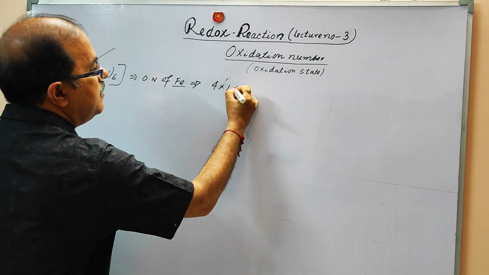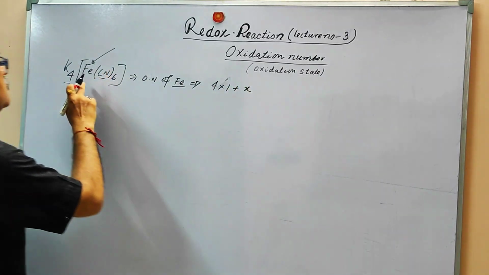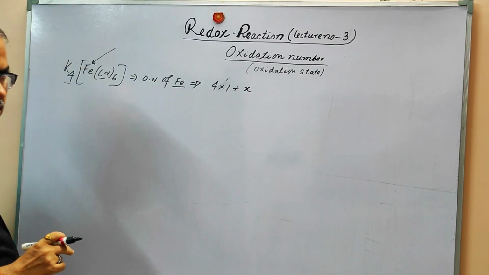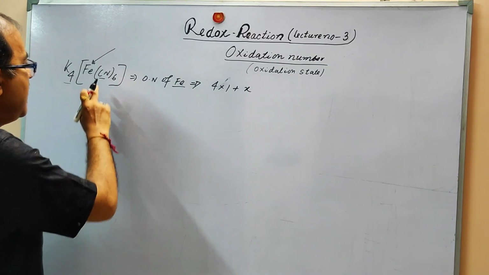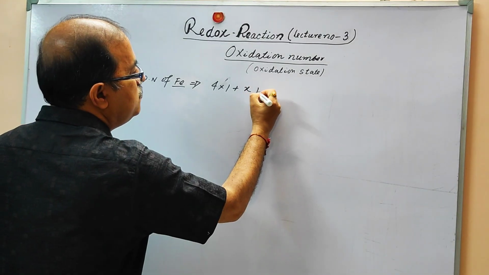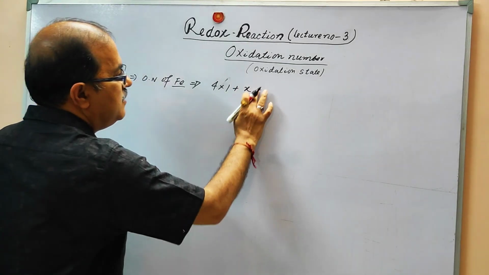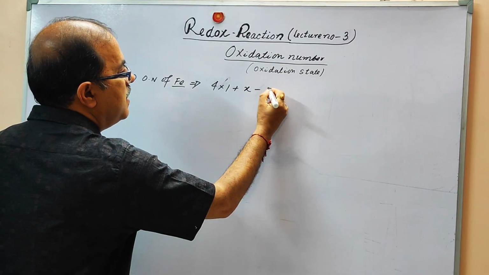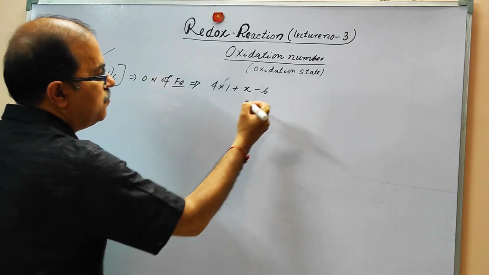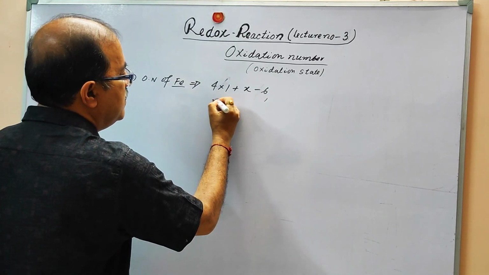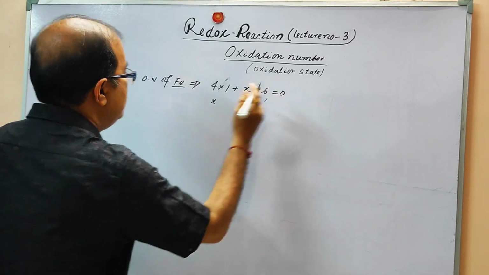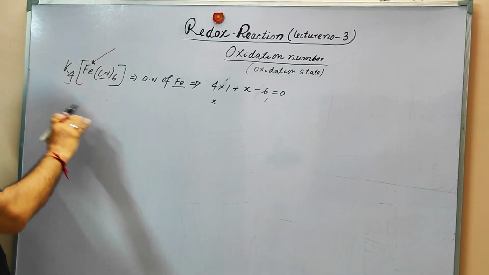Then X is the oxidation number of Fe, and CN has the oxidation number of -1, so it will be -6. The total will be 0 because this is a neutral compound.